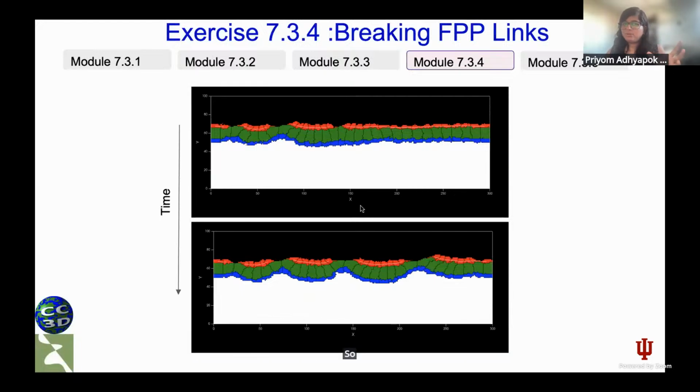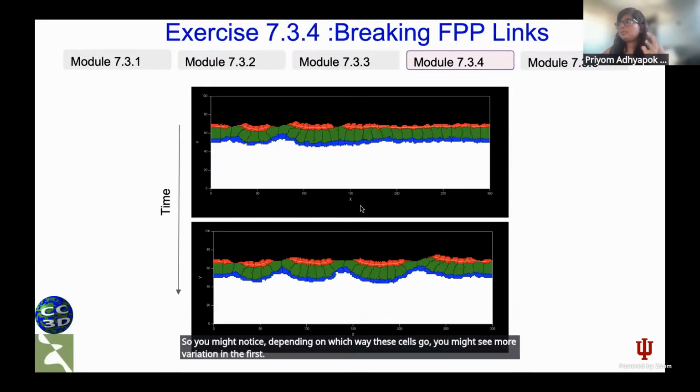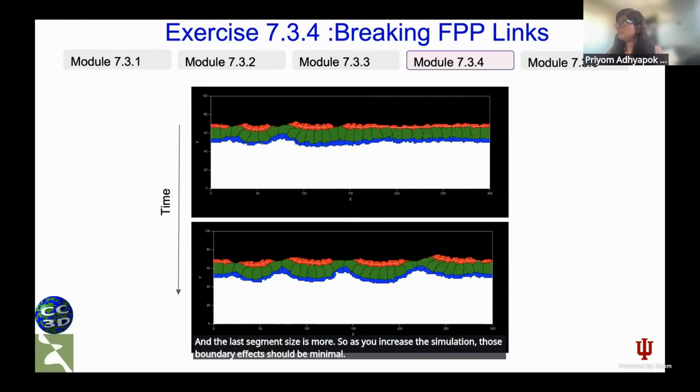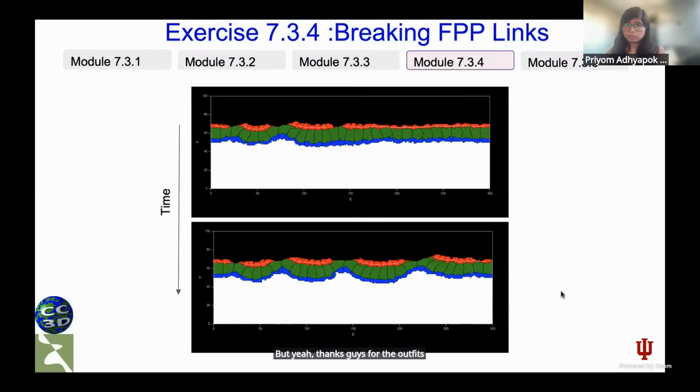So you might notice, depending on which way these cells go, you might see more variation in the first and the last segment sizes. As you increase the simulation, those boundary effects should be minimal. But thanks guys for the outputs. That's great.